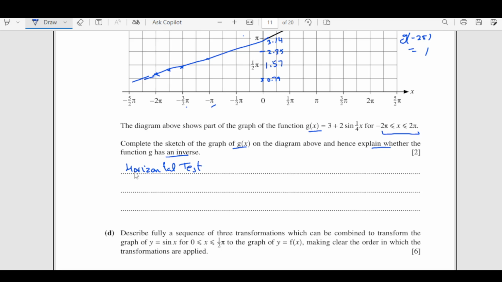So this is a one-to-one function and it is increasing, and therefore it does have an inverse, right?